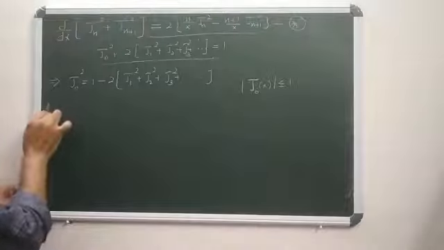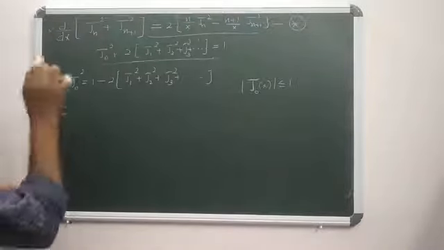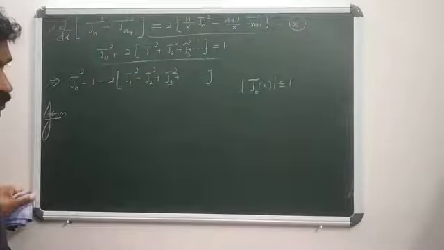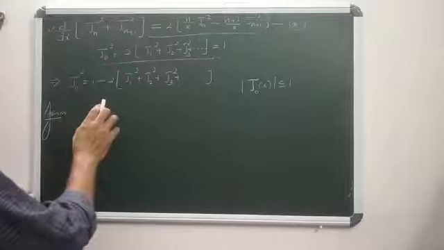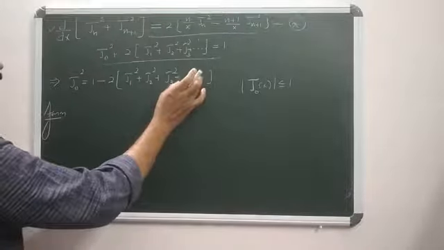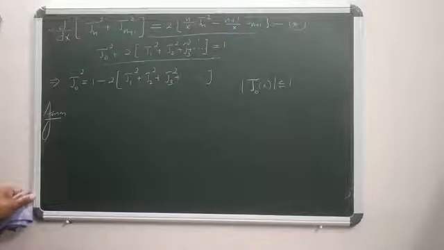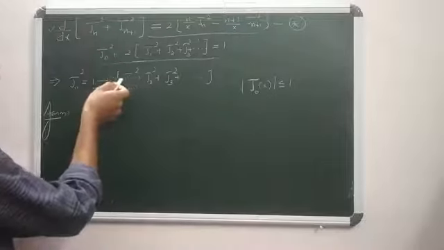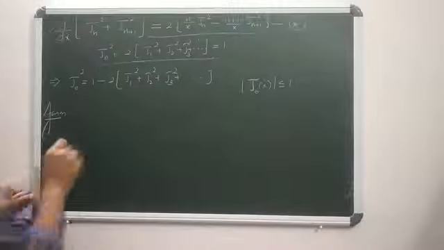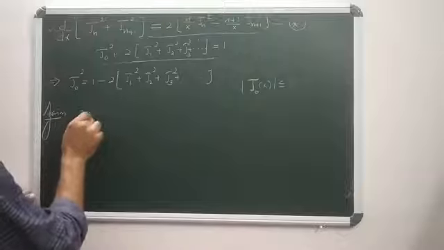Again, from here, J0 square is this one. From here, extend to Jn only. Jn square, 2Jn square. Put this 2Jn square to the left side. What do you get? Minus 2Jn square becomes 2Jn square.